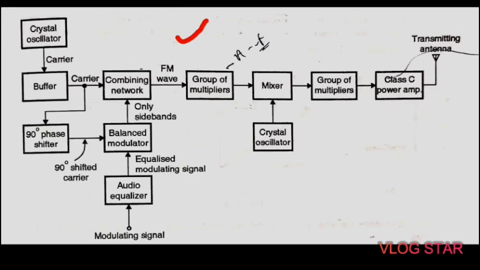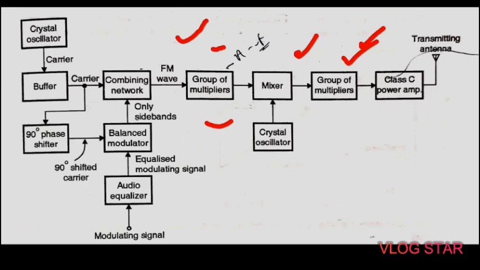So after that the carrier frequency and the modulation index are raised by passing the FM wave through the first group of multipliers. There are different groups of multipliers. So the carrier frequency is then raised by using the mixer, and then the Fc and MF both are raised to the required high values using the second group of multipliers.